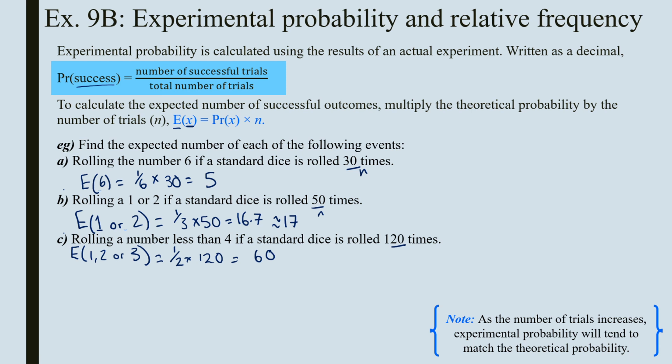If I roll a dice 100 times, I will get closer to rolling 1/6 of those outcomes as a 6. Okay, if I rolled a dice 1,000 times, I would get closer and closer to that exact 1/6 probability. All right, so the more trials, the more likely the experimental probability is to match or equal the theoretical probability.